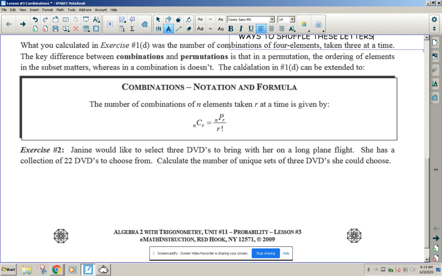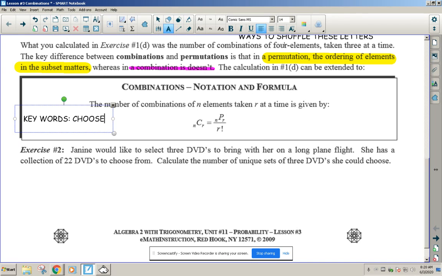So a combination, order doesn't matter. They say this right up here. Permutations, order matters. So when you have a permutation, ordering the elements in the subset absolutely matters. Whereas a combination, it doesn't. It doesn't matter with the combination. Now, in a combination, you'll see keywords which would be choose, would be the biggest one you'll see.